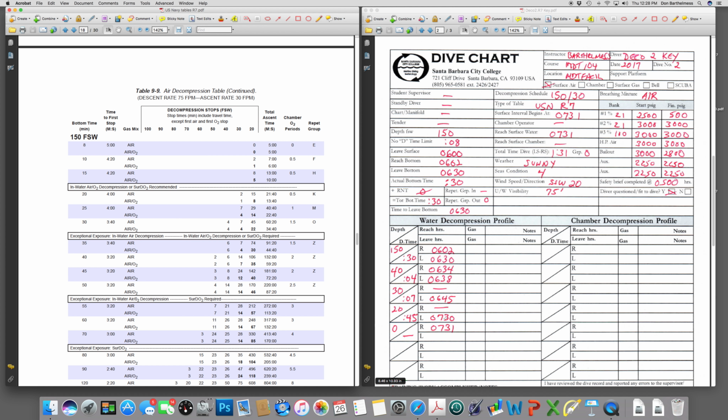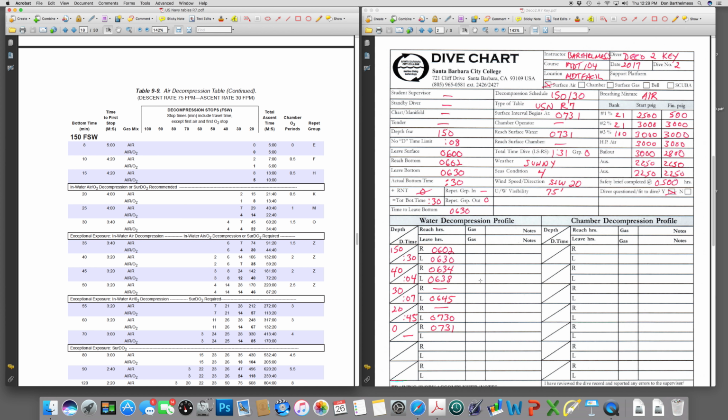At 0730, we're going to travel 20 feet to the surface. That's 40 seconds. We should reach there in the perfect world of ascending at 30 feet per minute. At 7:30 and 40 seconds, we're going to take that number and round it up to begin our surface interval at 7:31. So at 7:31, we are an O diver, as we looked at over here on the tables.